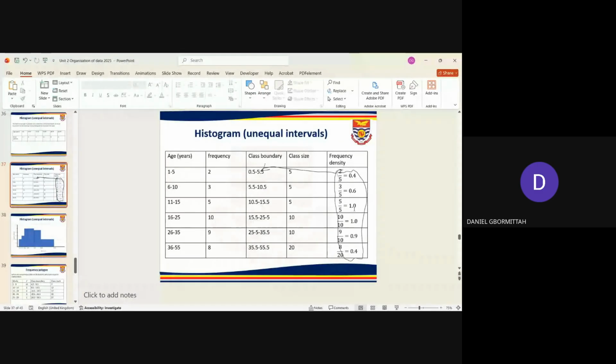Is that clear? With the histogram with unequal class intervals, it is the class boundaries against the what?